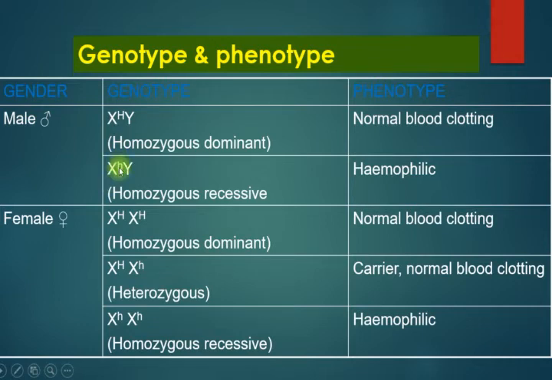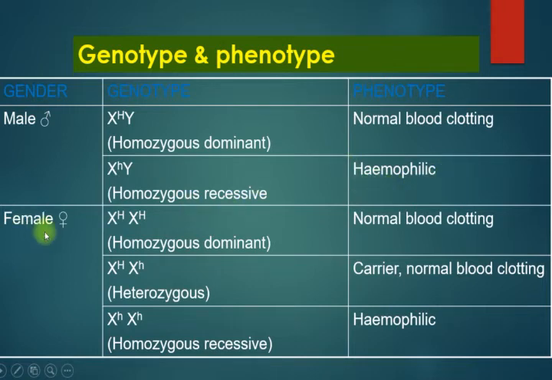If X small h Y, it is homozygous recessive, so the phenotype shown is hemophilic. Hemophilic refers to the person who has hemophilia, whose blood cannot clot.